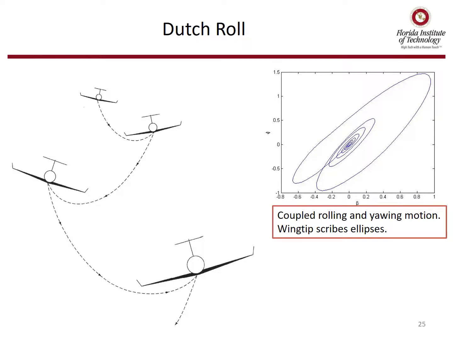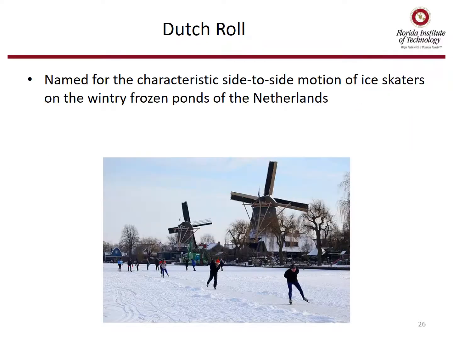The Dutch roll is often best seen by just looking out the wingtip after a rudder doublet and watching the motion of the wingtip as it scribes ellipses on the horizon. The Dutch roll was named for the characteristic side-to-side motion of ice skaters on the wintry frozen ponds of the Netherlands.